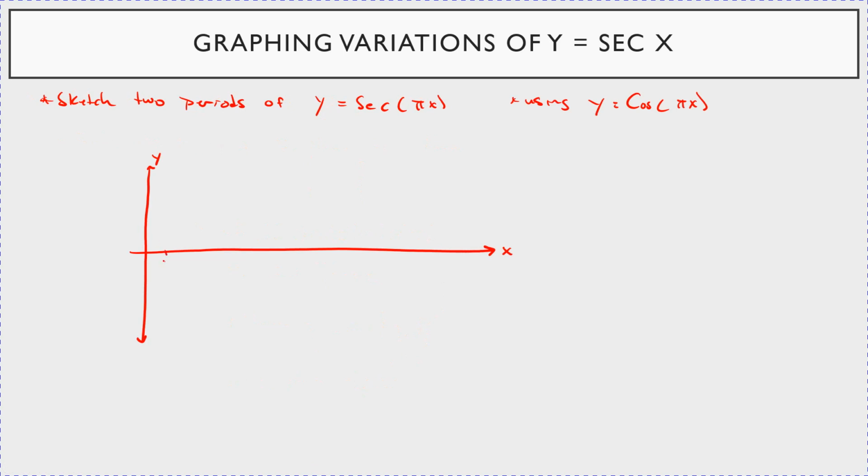So it's 0, 1/2, 1, 3/2, 2, 5/2, 3, 7/2, 4. And then amplitude was 1. So cosine starts at 1. Oop, that's terrible. But you get the idea what's going on here.